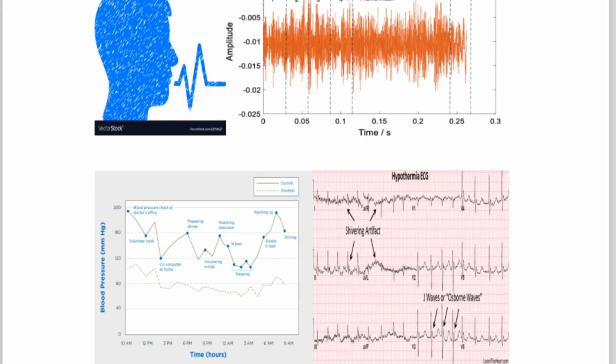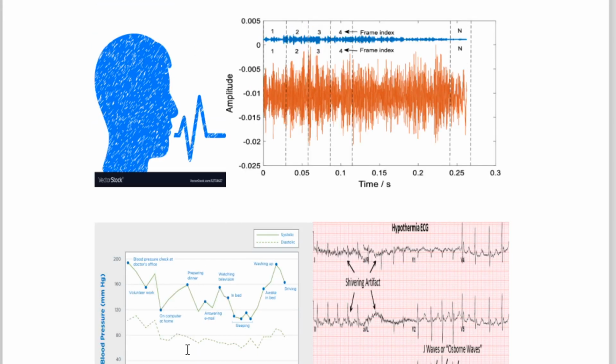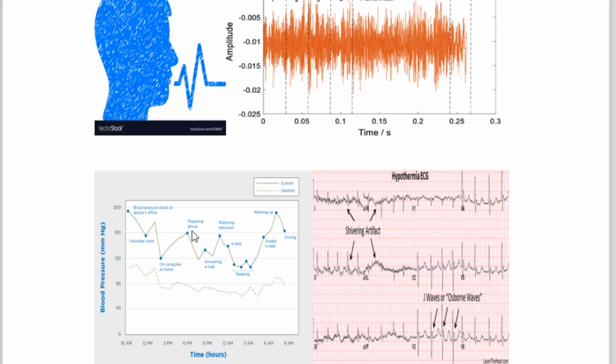The next example which I have taken for the analog signal is that you can measure the blood pressure of a human being. You can see here the blood pressure at various times in different moods, when he or she is cooking or when she is working, the BP is continuously changing. So this is the variation in the blood pressure.